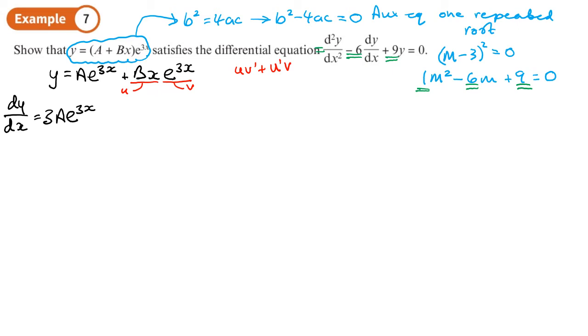So u times v dash plus u dash times v. I'll tidy that up, and that will give me this.